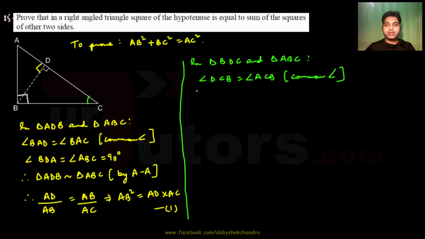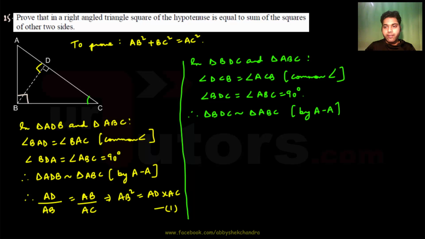This angle is the common angle, right? Again angle BDC equal to angle ABC equal to 90 degrees, right? Because BD is perpendicular to AC and triangle ABC is right angle at B. So therefore triangle BDC is similar to triangle ABC, again by AA similarity.